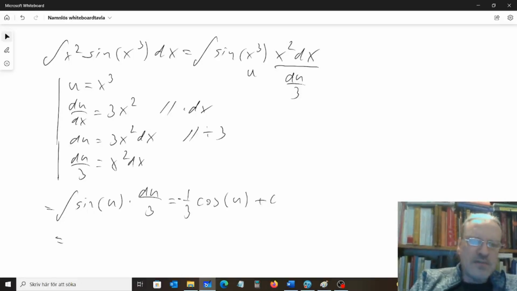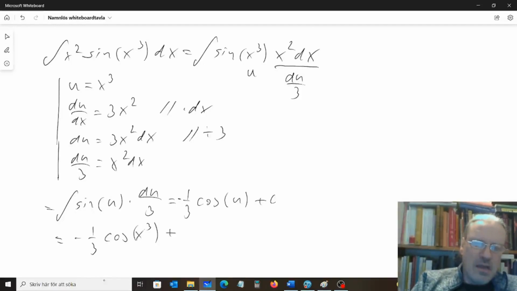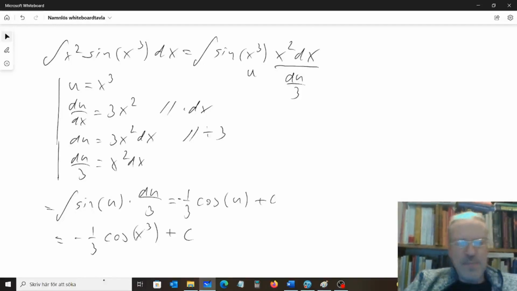Then we can substitute back the x cubed, right? So we get minus 1/3 cos of x to the power of 3, and then plus c.